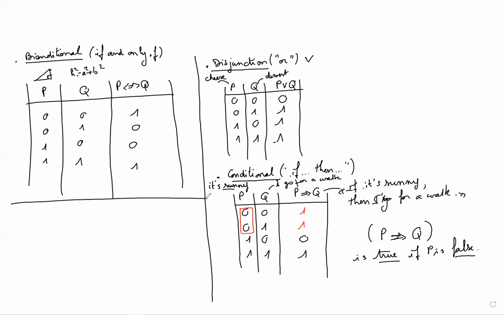So these are the main operations you can do with two statements. Operations or relations. So what is a formal equivalence? A formal equivalence is when you find the same truth table for both of the things you are comparing.